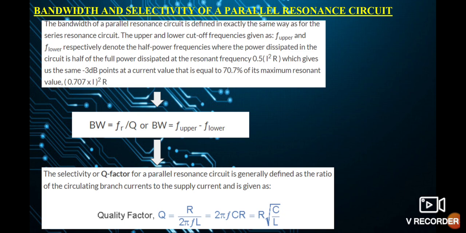And as discussed, the quality factor is basically the ratio of the circulating branch current to the supply current.